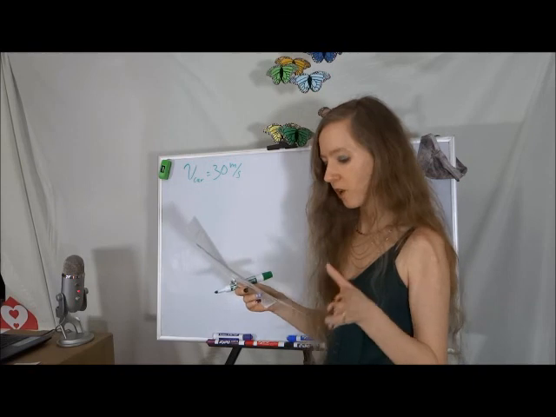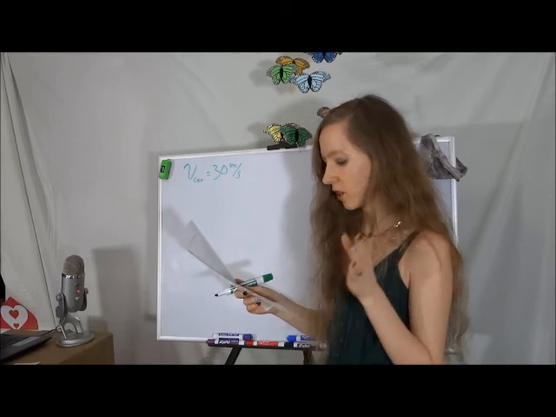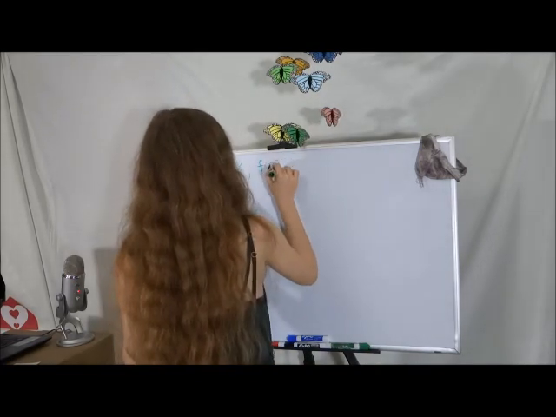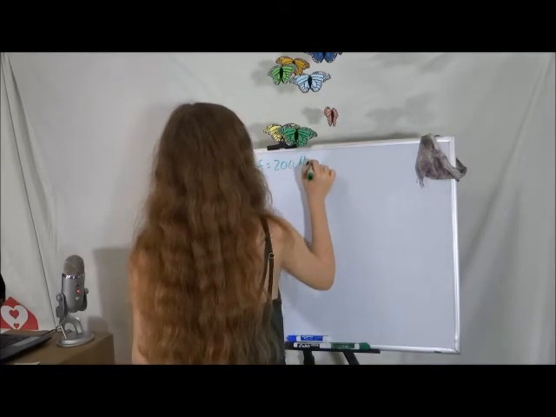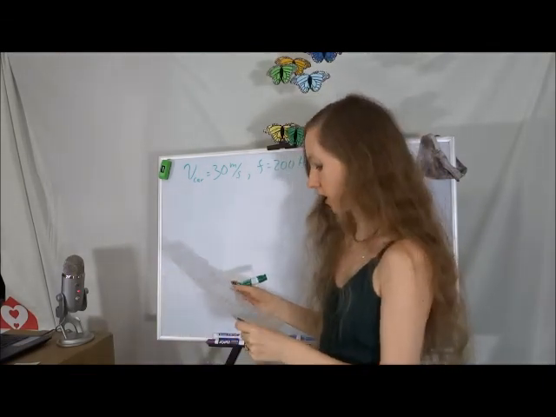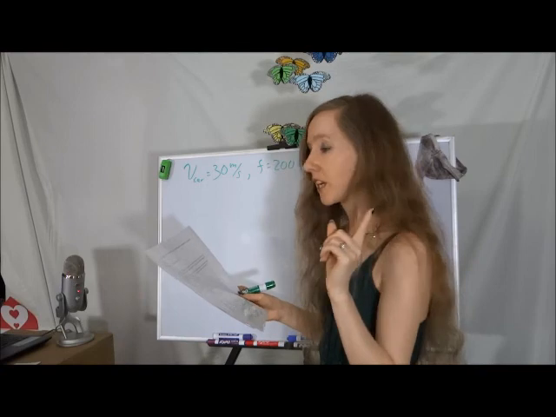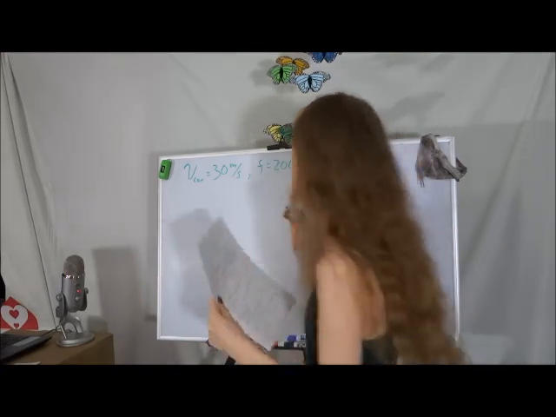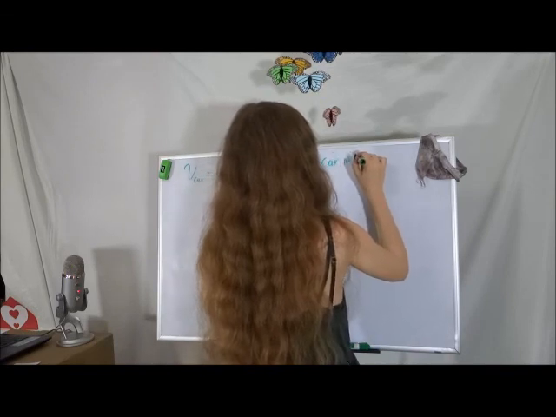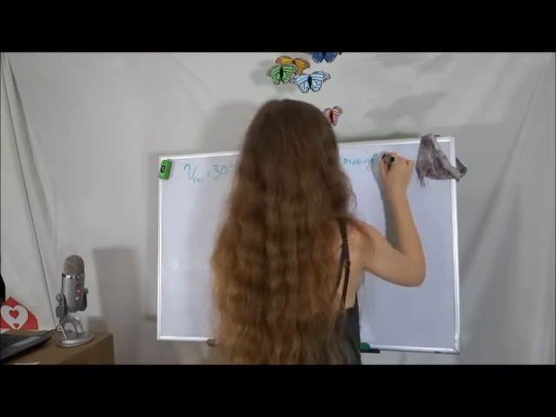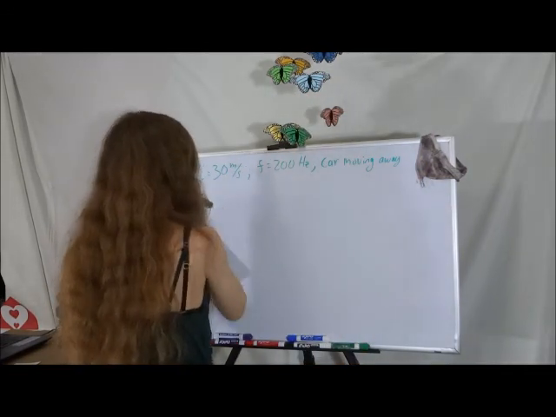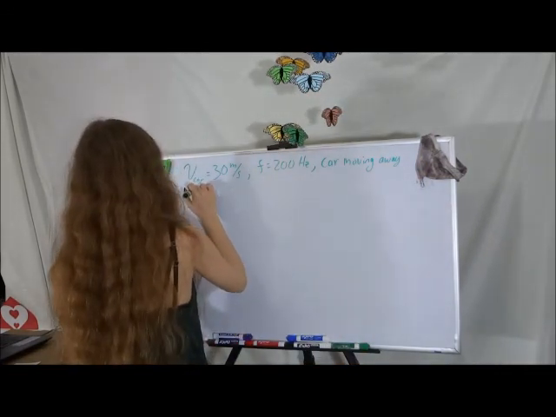Part A: if the frequency of one of the notes is 200 hertz, so we have f equals 200 hertz from the car. In the car's frame of reference, it's playing a frequency of 200 hertz. What frequency will you hear when the car is moving away from you? We want to know what the new frequency is.